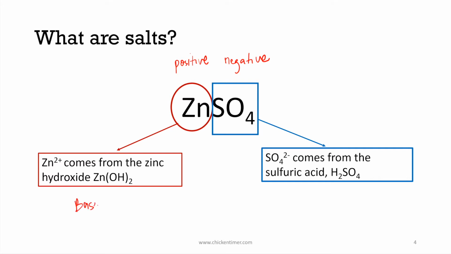That means it comes from the base, the carbonate, or a metal. Then the negative ions always come from the acid. The emphasis is given because later on, in preparation of salts, we have to talk about it again. So positive comes from the base, metal, and carbonate, and the negative one comes from the acid.